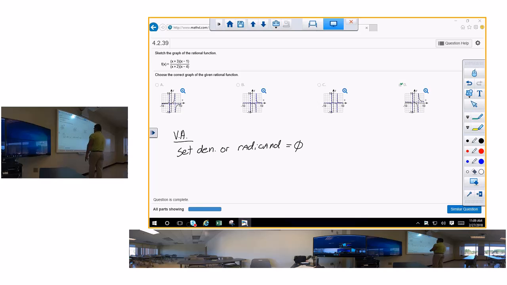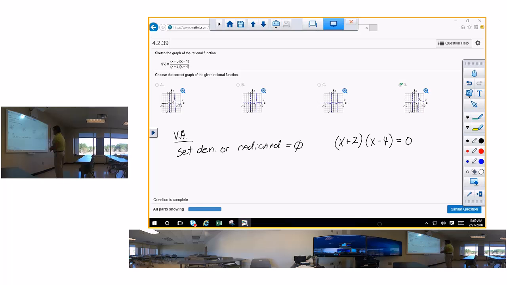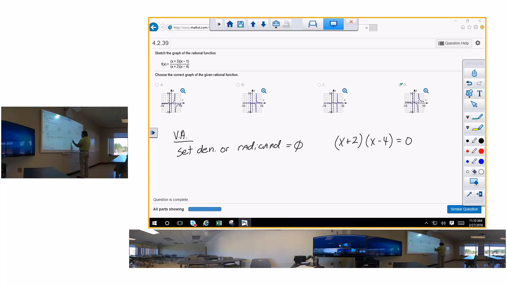So in this case, you've already got it factored, so you don't have to do the factoring. X plus 2 and x minus 4 is equal to 0. Now we know that for anything to be 0, one of the products or one of the terms has to be 0. 4 times 0 is 0. 2 times 0 is 0. 0 times 5 is 0. So one of these has to be 0.